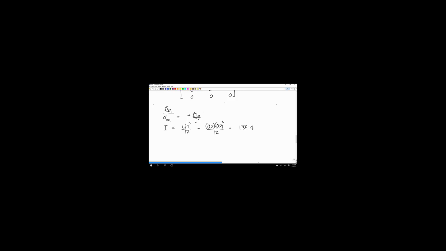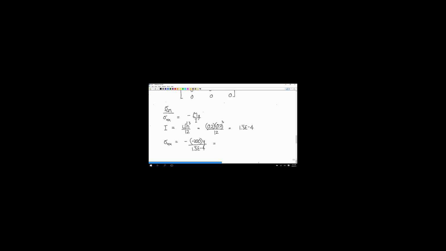Okay, so the bending moment is the same everywhere. And so our XX stress is equal to, what was it, negative 200? So negative of negative 200 times y, and I'm going to leave y in as a variable for now, divided by 1.3 repeating times 10 to the minus fourth.